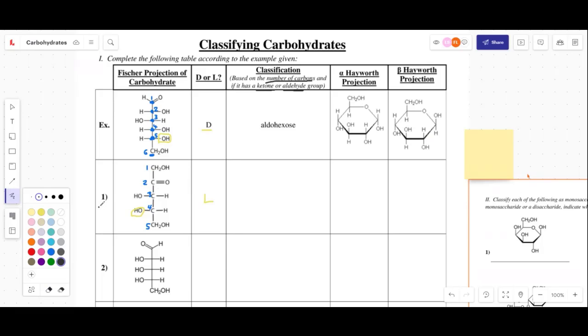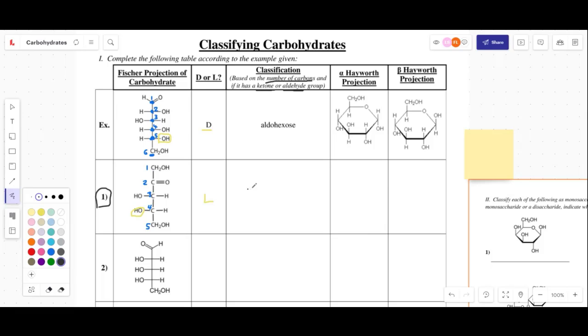Okay, so here's the deal. For problem number 1, you see that this carbohydrate has how many carbons? 5. And does it have a ketone group or an aldehyde group? Ketone. So what would you call that then?